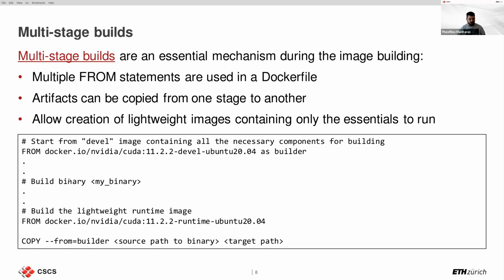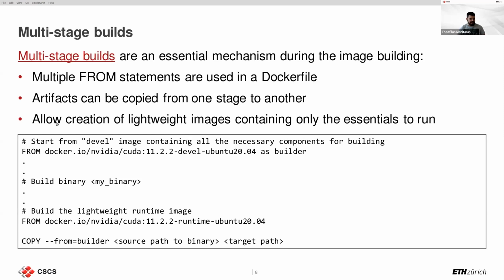This is a single Dockerfile. So when I tell the container platform to build this for me, if I don't specify otherwise, I'm going to get back as a result the runtime image that has also the binary that I built using the first one. So again, artifacts can be copied from one stage to another.